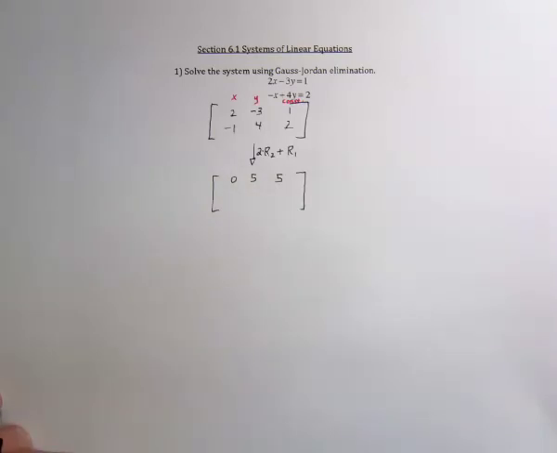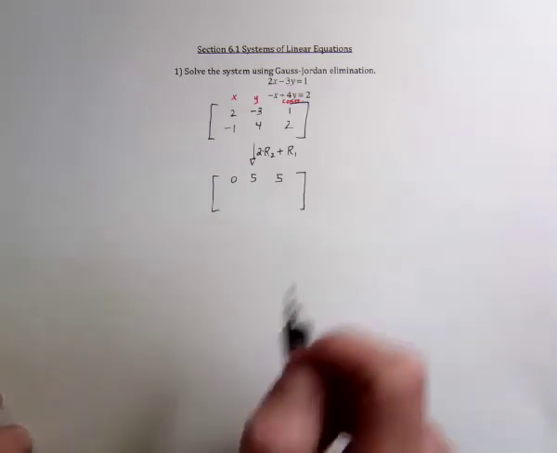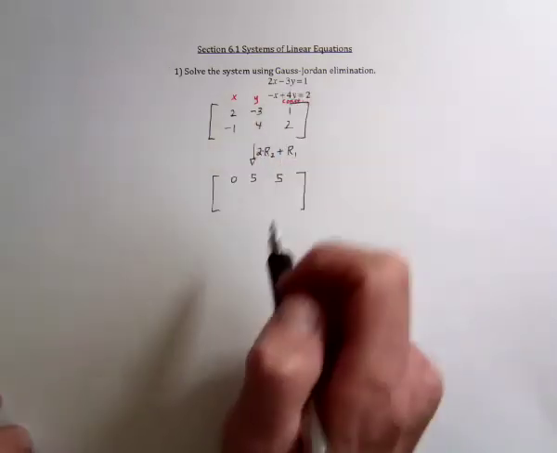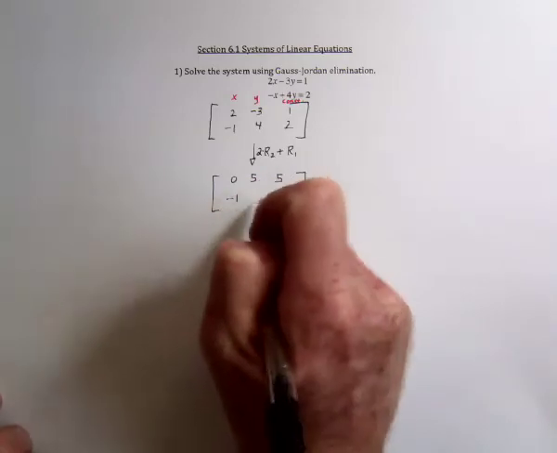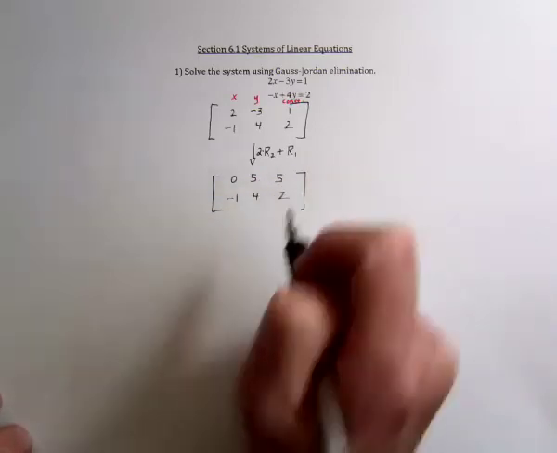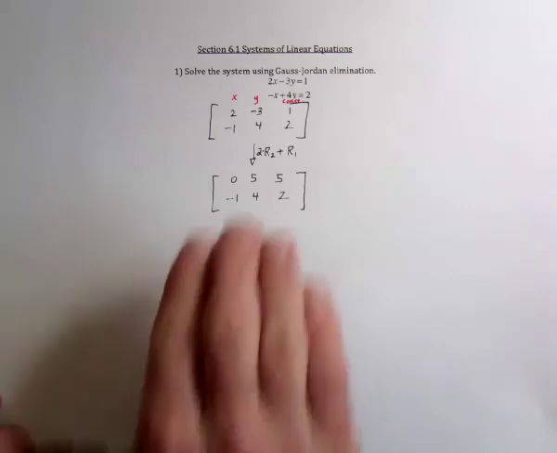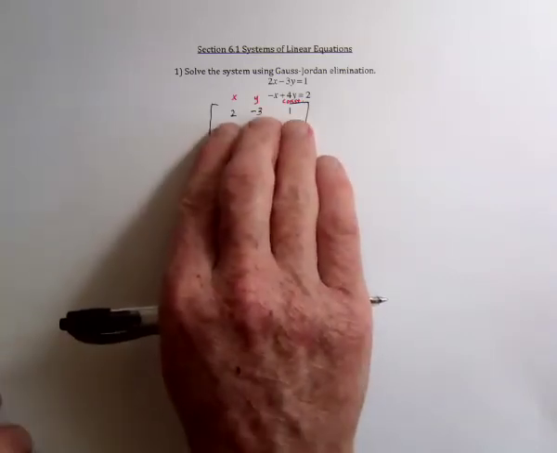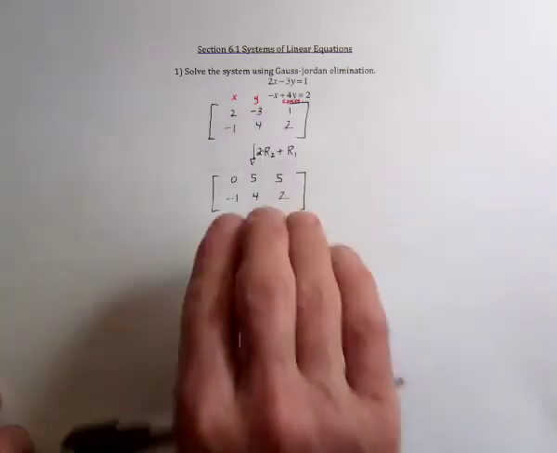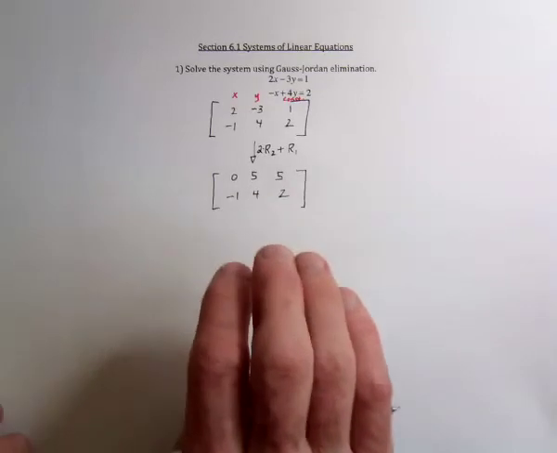So the top row now becomes 0, 5, 5. And then what's different with this method, the Gauss-Jordan elimination, is we then leave the second row alone. So we use the second row to change the first row, but the second row itself didn't change.